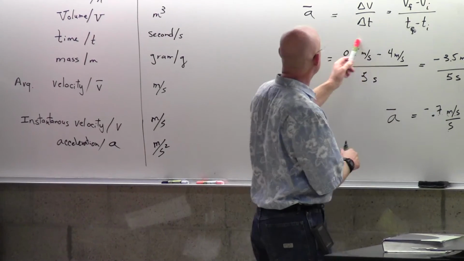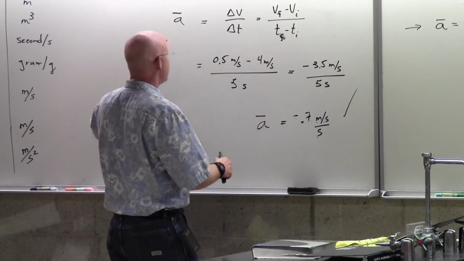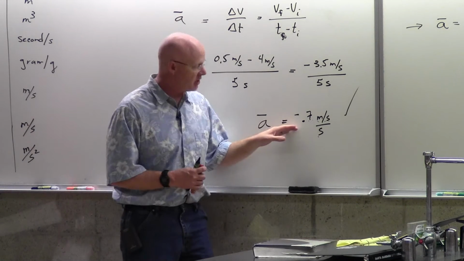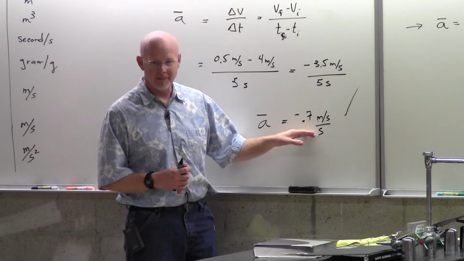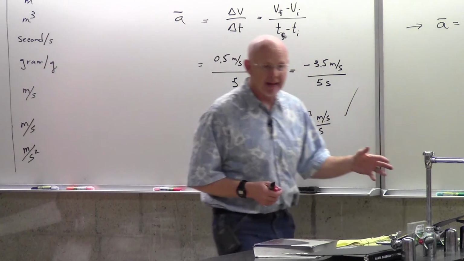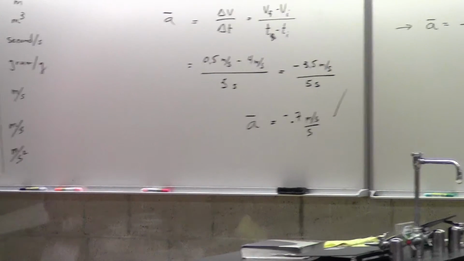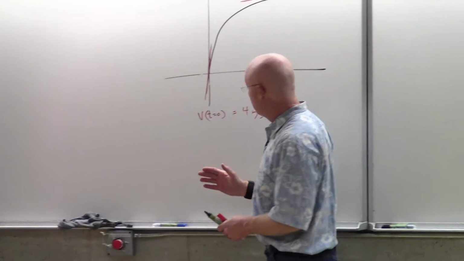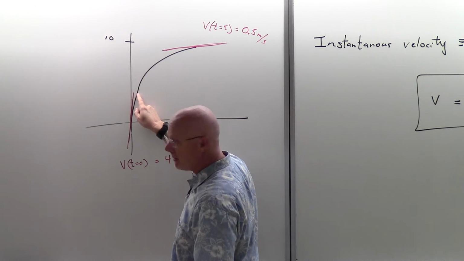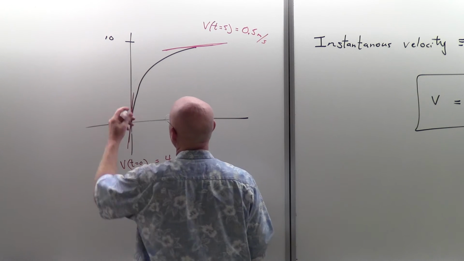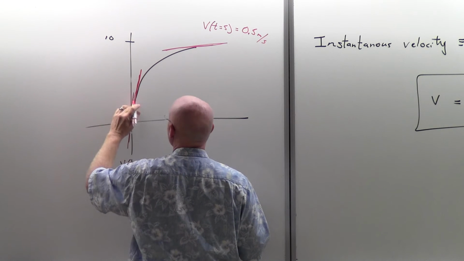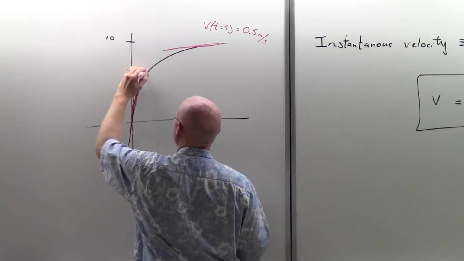So let's keep going, because as you can see, this is algebra. And it brings up this question. Am I really changing by 0.7 meters per second each second? If I come back and look at this graph, I would say probably not. This line's pretty steep. A second later, it's probably right here. Oops, not a very good line.